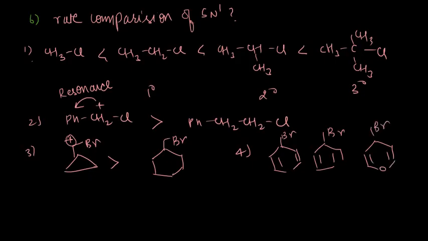If bromine leaves, then the carbocation will come here and here. In that case, it will be non-aromatic, anti-aromatic, and aromatic. So that will be first, non-aromatic will be second, and that will be third.